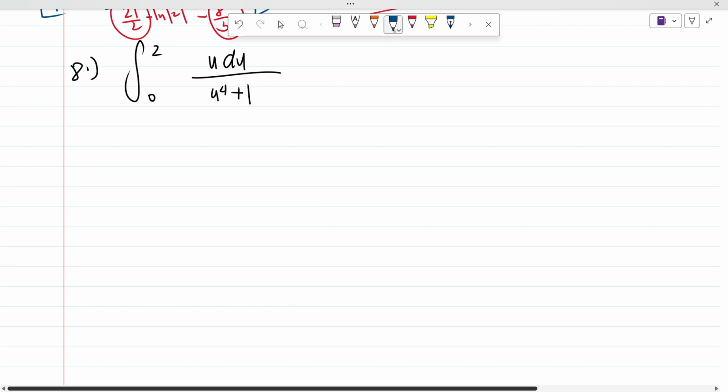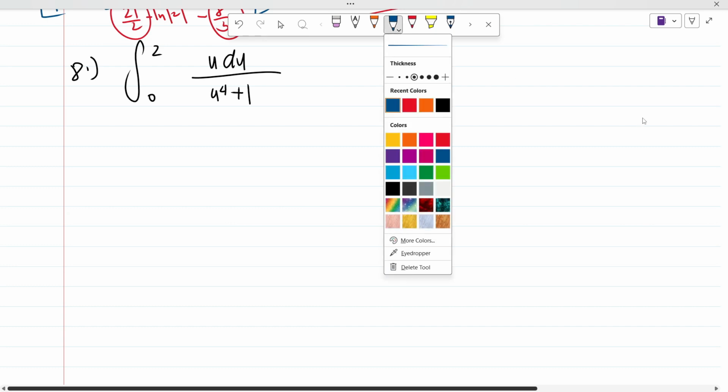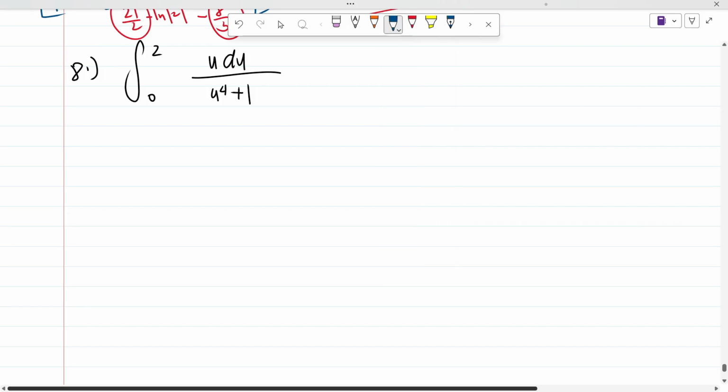So, this one is, pwede siyang, wait, sana? Yan. Pwede siyang gamitan ng inverse. Integral of inverse, guys. So, since this one is u squared plus a squared, guys, pwede siyang inverse ng tangent, guys. Gets, guys?